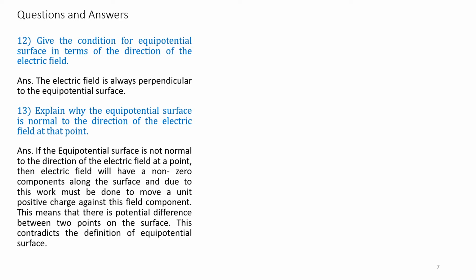Due to this, work must be done to move a unit positive charge against the field component. That means there is a potential difference between 2 points, which contradicts the definition of an equipotential surface. Please note, the electric field is always perpendicular to the equipotential surface.